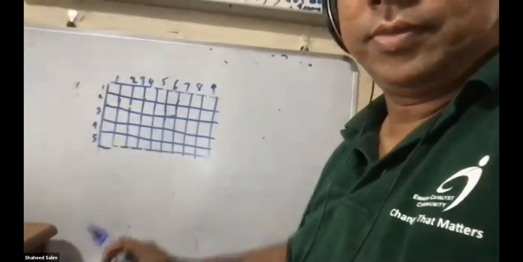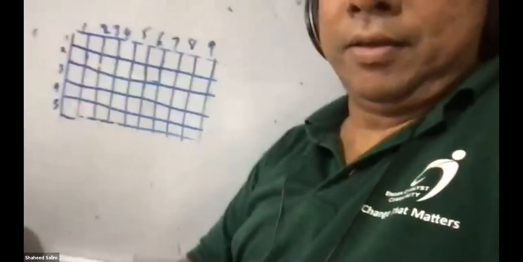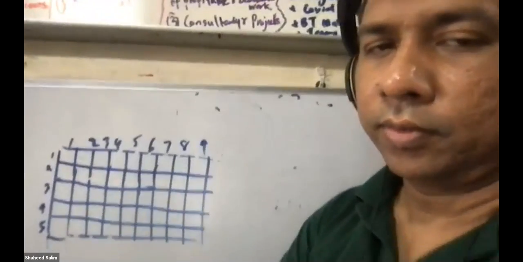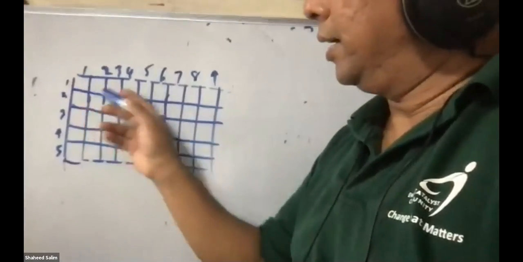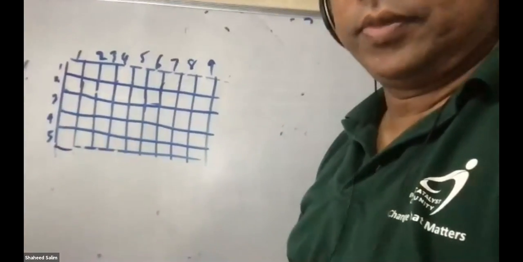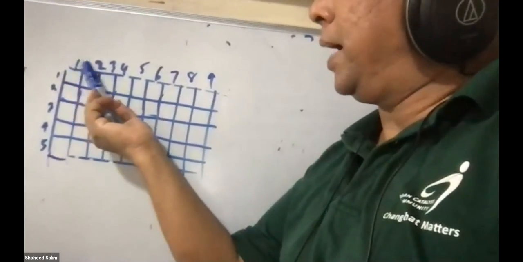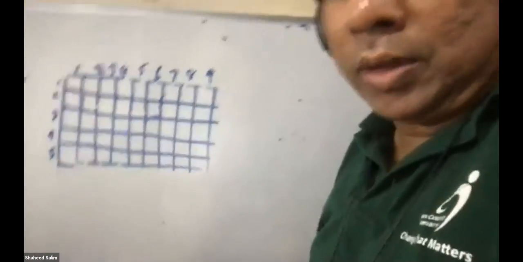Okay, this is 9, not 10. 9 and 5. So what do we do? You just take this top part times down here. You don't need to count individually. But if we want to count, we just count.